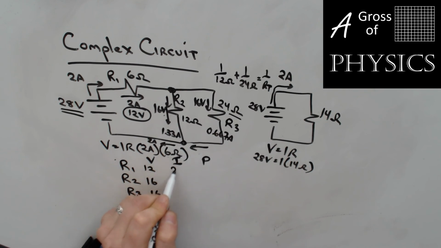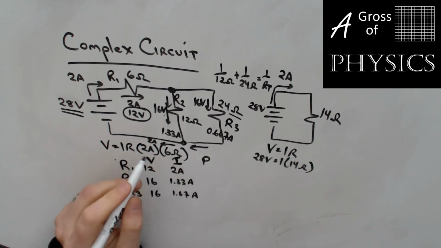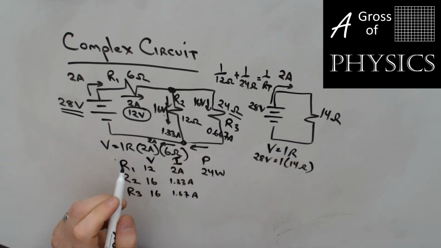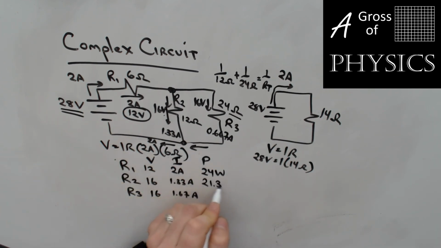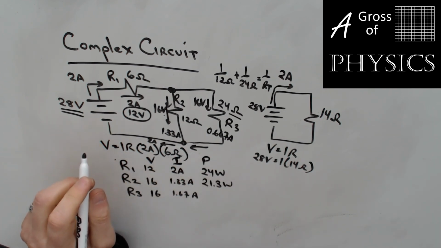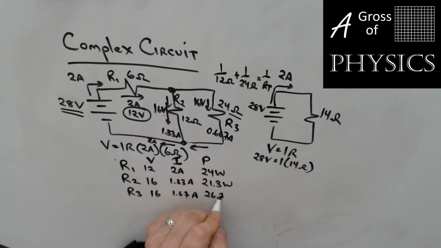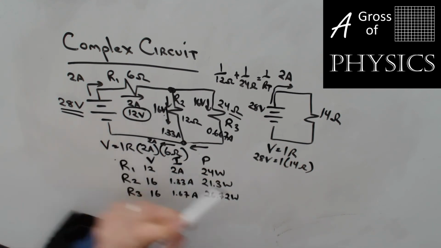Current for R1, 2 amps. Current for R2, 1.33 and 0.667 for R3. Now, power, you multiply across. 24 watts, 16 times 1.33, 21.3 watts, and 16 times 0.667, 10.72 watts.